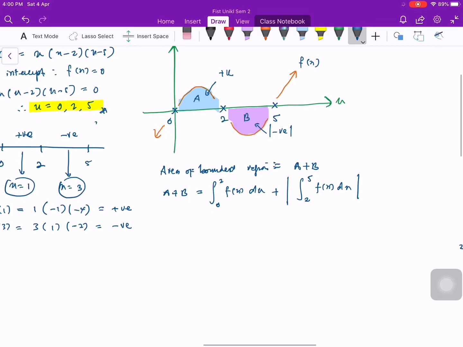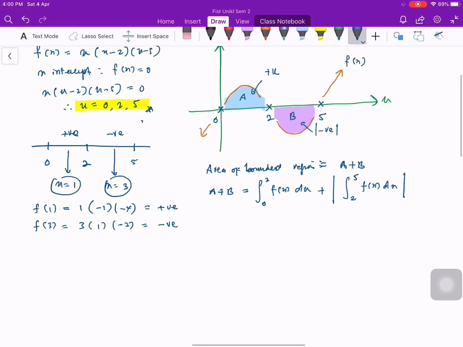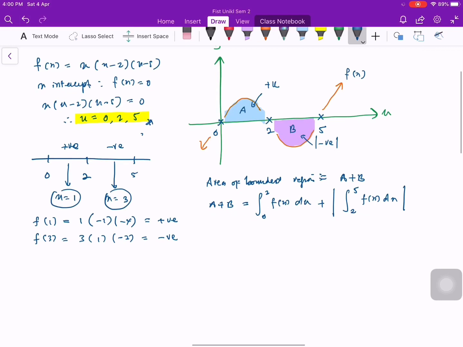Okay, so for this fx, sebelum kita lakukan proses integral, saya akan expand dahulu nilai fx kita. So now our fx, okay, kita akan ada x times with expansion of these two factor. We are going to have x squared minus 7x plus 10. Then we are going to have fx is x to the power of 3 minus 7x squared plus 10x.